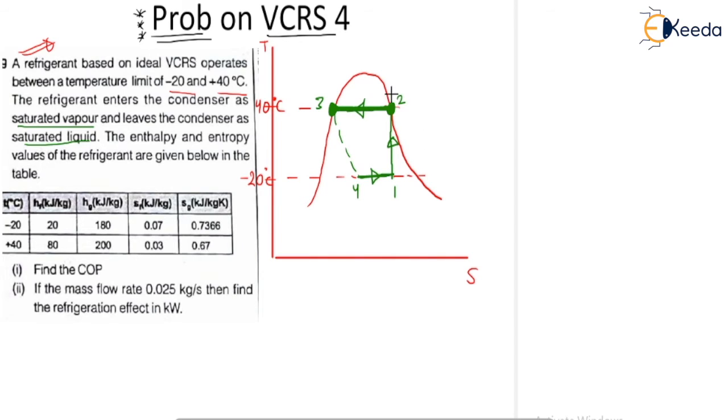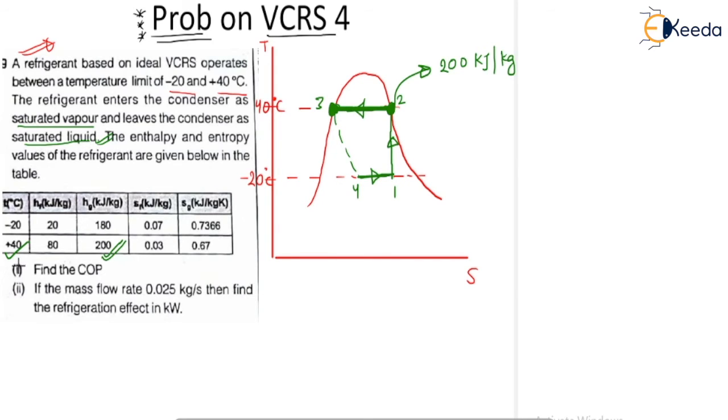Okay, my dear friends. So here at 40 degrees Celsius, the condenser inlet enthalpy is 200 kilojoule per kg as per the question. And it leaves the condenser as saturated liquid.